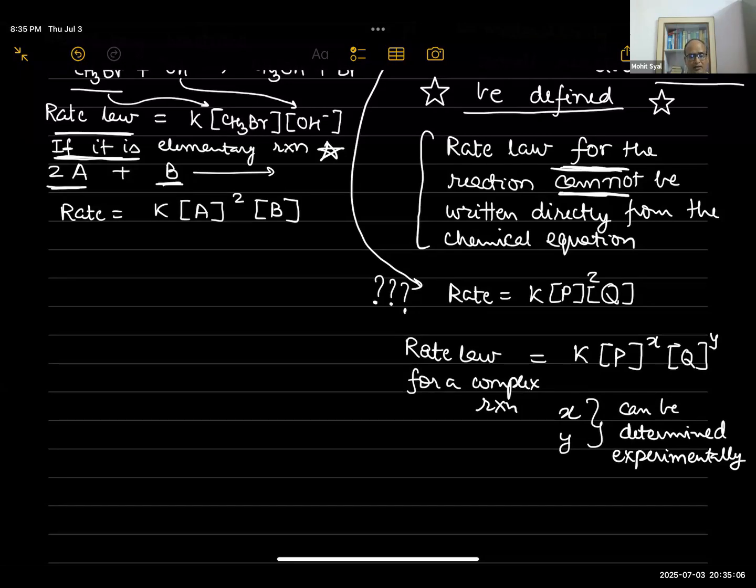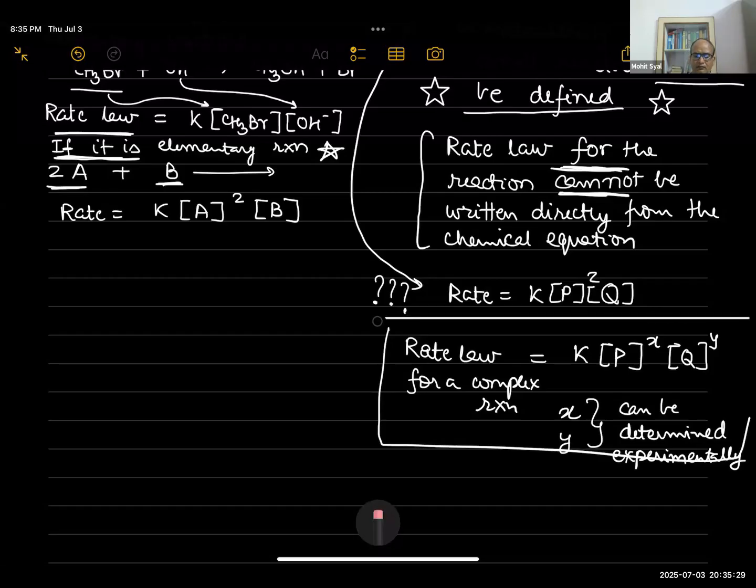We have seen different methods. Initial rate method we have seen. We have seen different methods, so that can be employed to do this work. But directly it cannot be written.